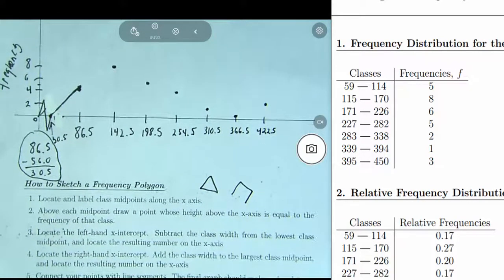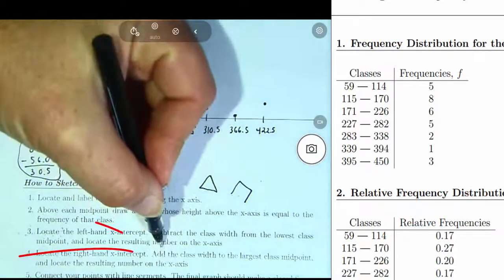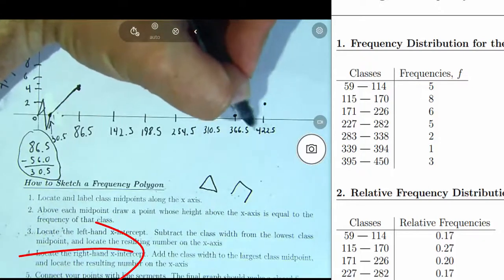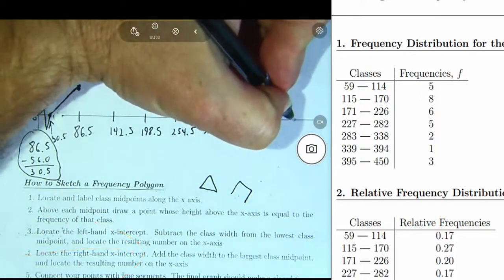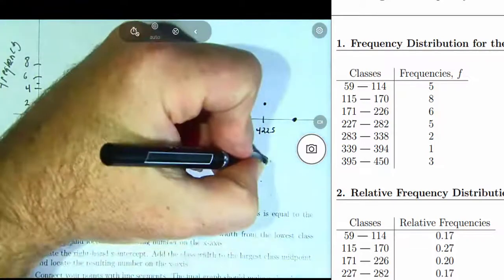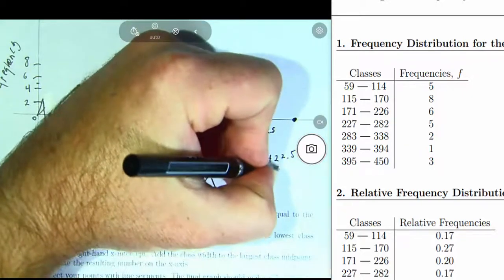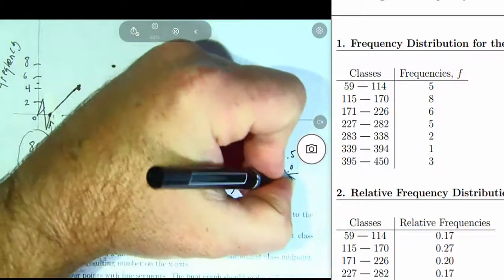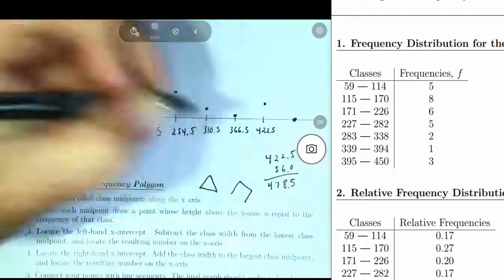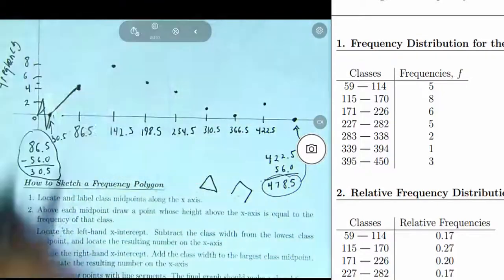Now let's go ahead and do step 4. We're going to locate the right-hand x-intercept. We're adding the class width to the largest class midpoint, this number here, and we ought to get this number here. So adding 56, the class width, to this last class midpoint will give us the value represented at this intercept, so 478.5.